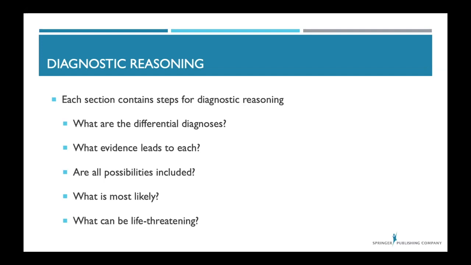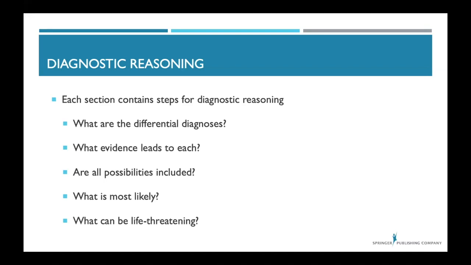What's the evidence for each differential, and are all the possibilities included? We don't want to come to a premature conclusion. We may be missing things. Our holistic assessment helps us broaden our perspective to understand what's really going on. I'm sure all of us know patients who may put together two things that aren't really cause and effect.